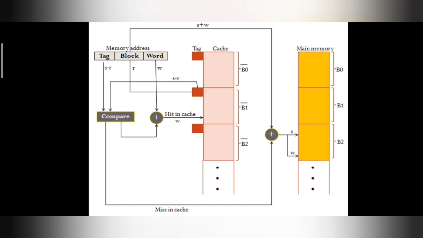Alright, now let's come to this part: this memory address is divided into three parts: tag, block and word. Understand this. Here the W bits will be used as the offset within the cache memory block.